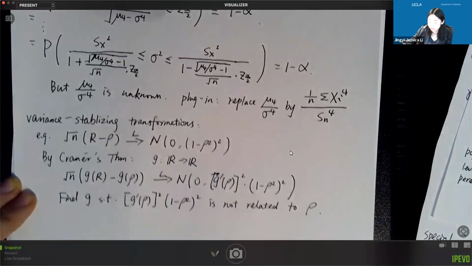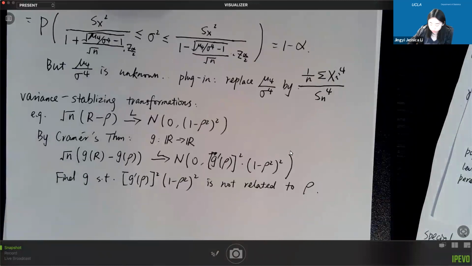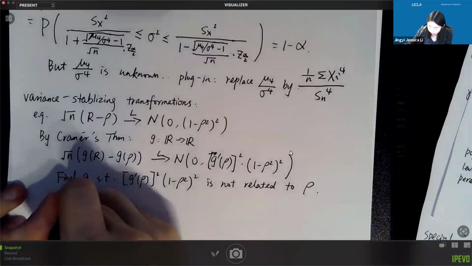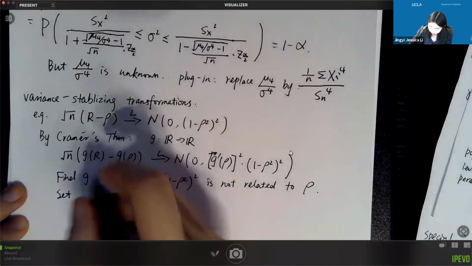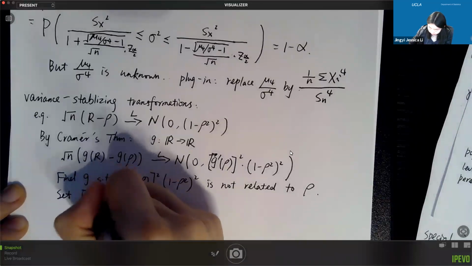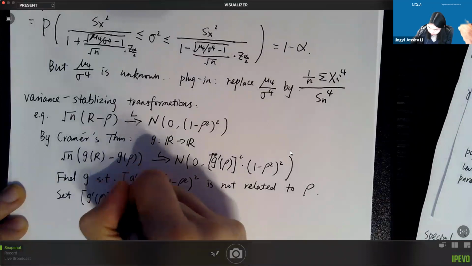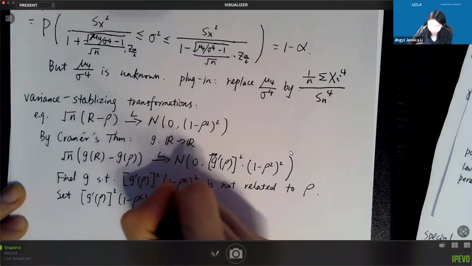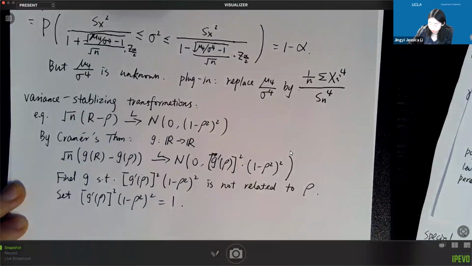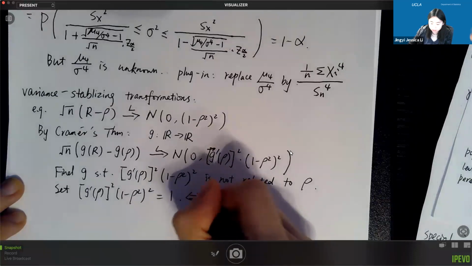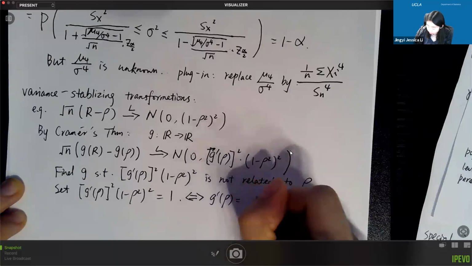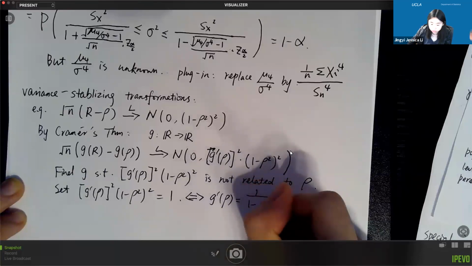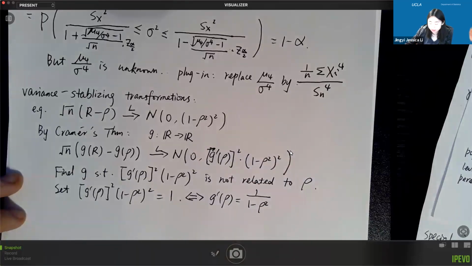And that's kind of straightforward because we can set this term to be 1. Okay, so setting this term to be 1, we actually get that g prime rho is 1 over 1 minus rho squared.